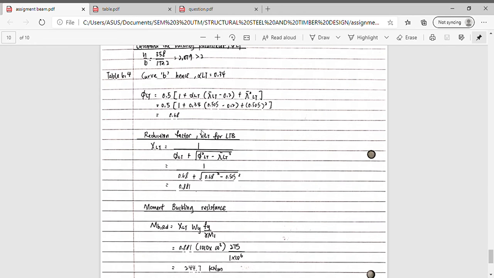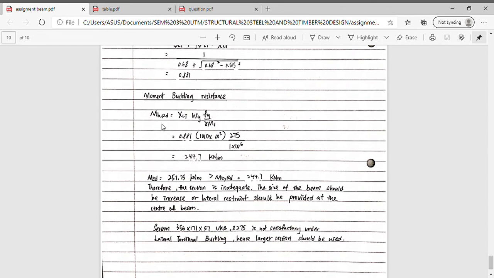After that, we calculate the reduction factor from what we obtained. Then lastly, we can calculate the moment buckling resistance, and the answer is 244.7 kilonewton meter.